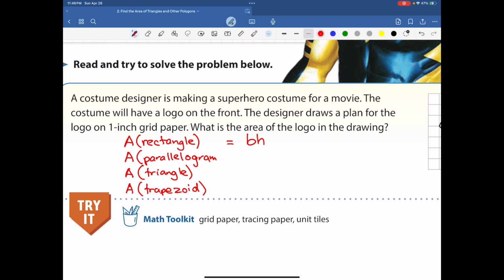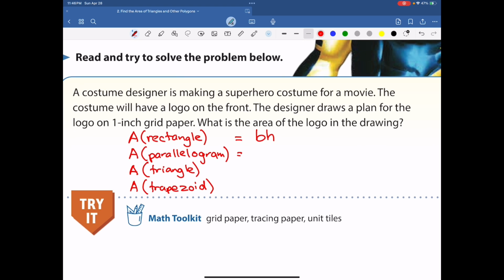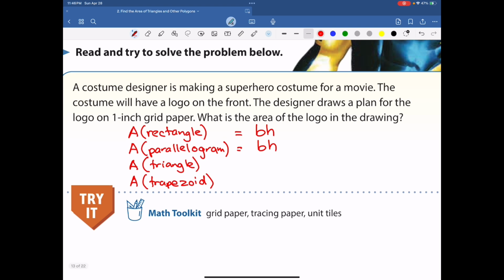For a parallelogram, I know that I can turn it into a rectangle, so the area of a parallelogram is also base times height. Next, a triangle is half of a rectangle, so the area of a triangle is 1/2 base times height. And finally, the area of a trapezoid.